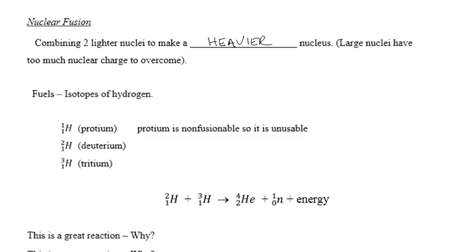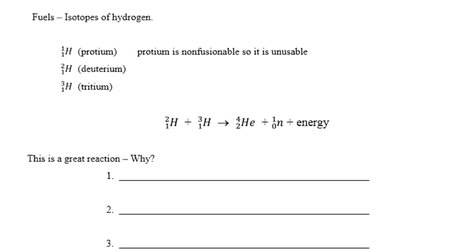Fuels of fusion are isotopes of hydrogen, specifically deuterium and tritium. You have to recognize a fusion reaction where two light nuclei are fused together to make a heavier nucleus. Maybe something else might come off, and lots of energy.